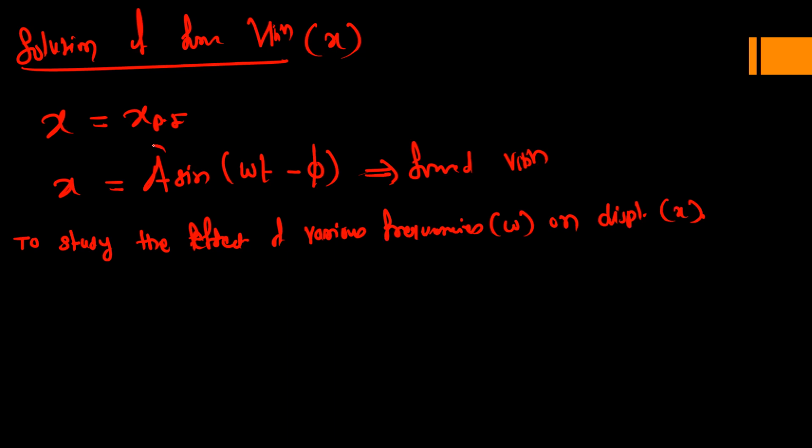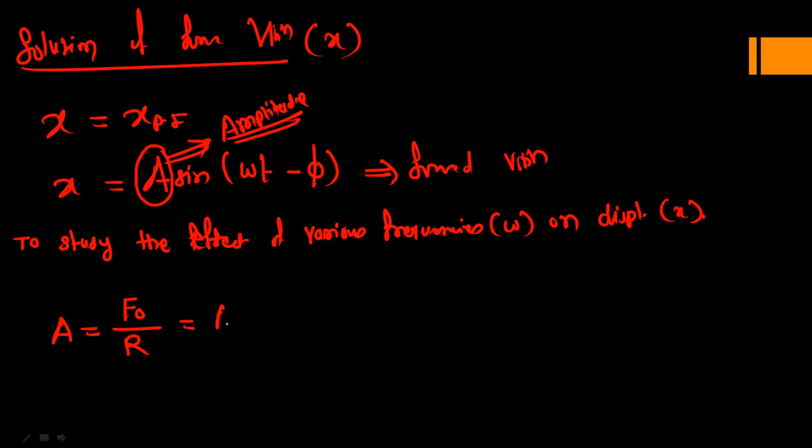For that we should study this amplitude equation. This is the amplitude of the forced vibration. We have A is equal to F0 upon r, because we have assumed F0 upon r as a constant A. Now put the value of r in this equation.